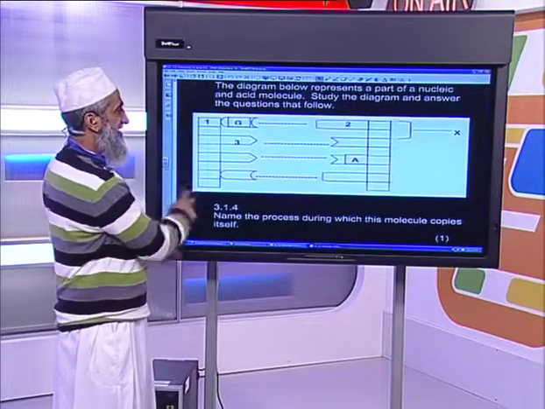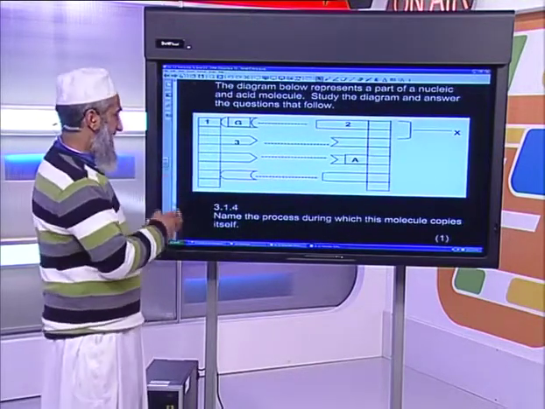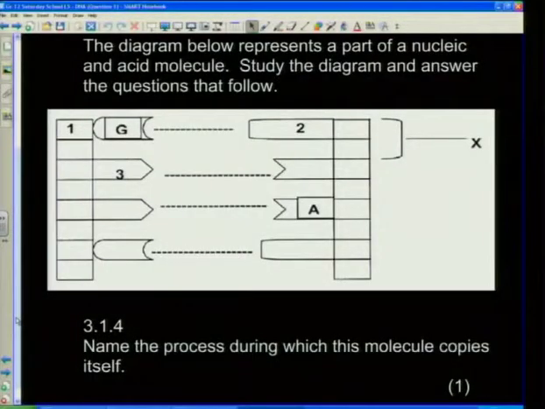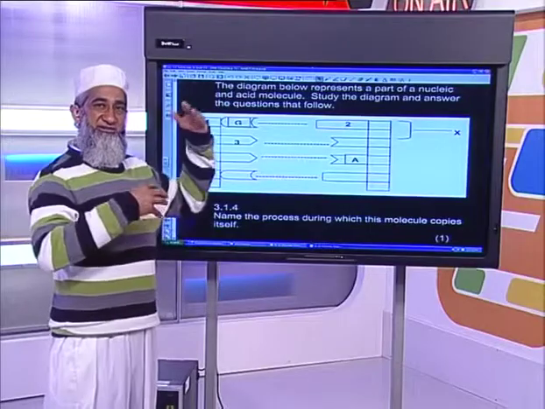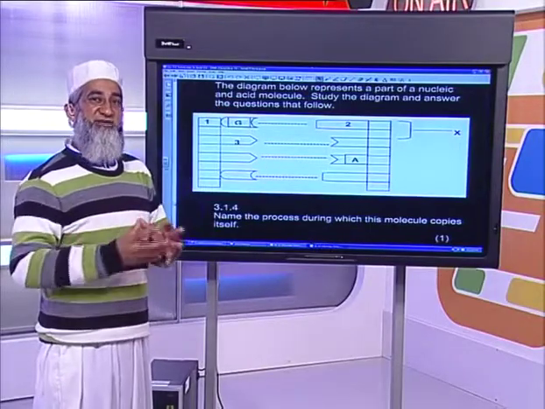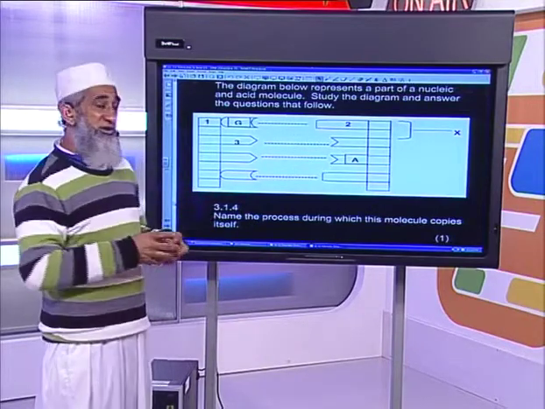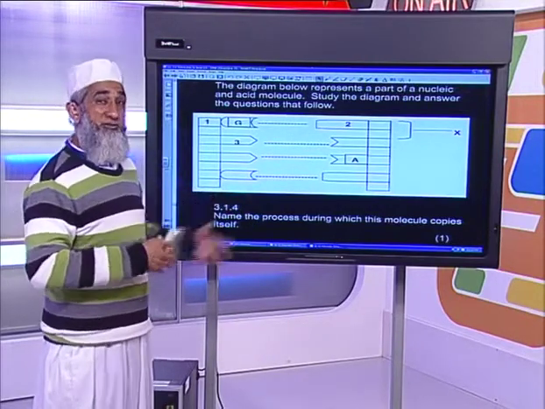So they've given you a diagram. Here's the diagram here, and straight into the questions. Name the process by which this molecule copies itself. So they look at this molecule, and obviously here again, if you read the instructions, you read the questions, sometimes you will get some of the answers as well. They're asking you, when does this molecule make a copy of itself?